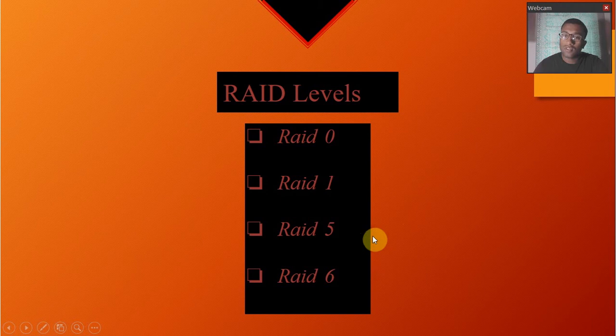RAID 6 is similar to RAID 5, but it includes two parity bits. The reason we use parity bits is that whenever any error occurs, those parities help us go to a backup and rectify our data.